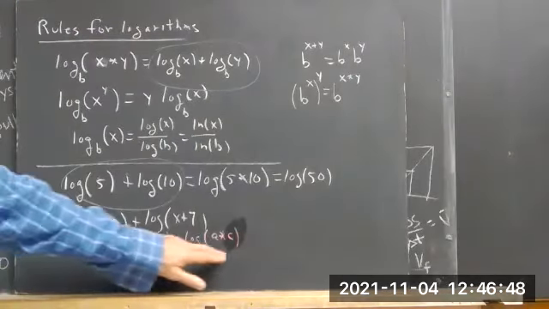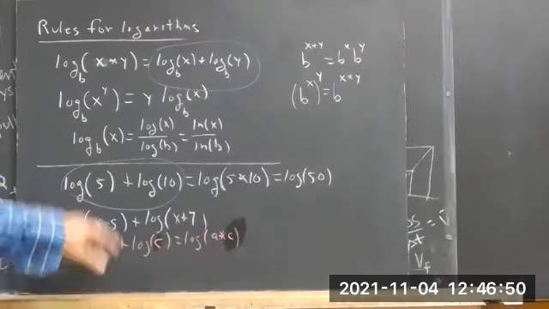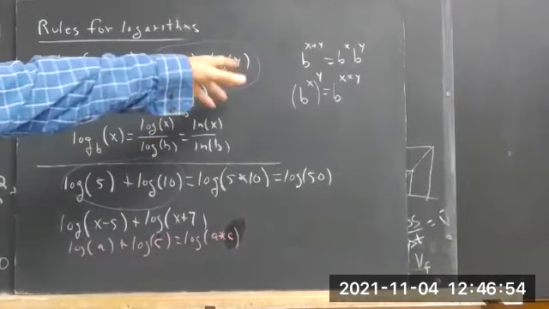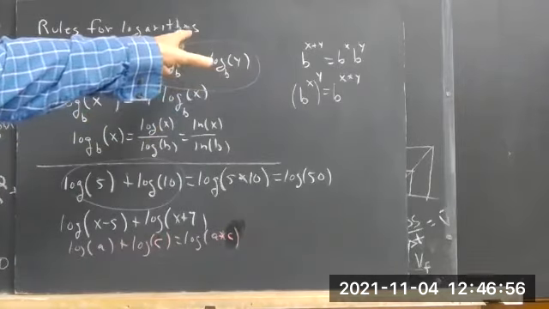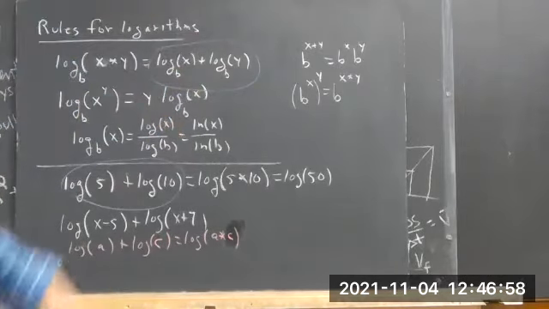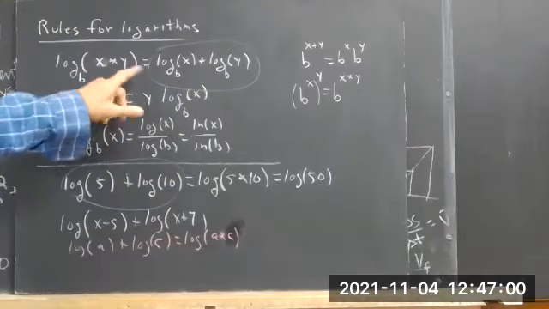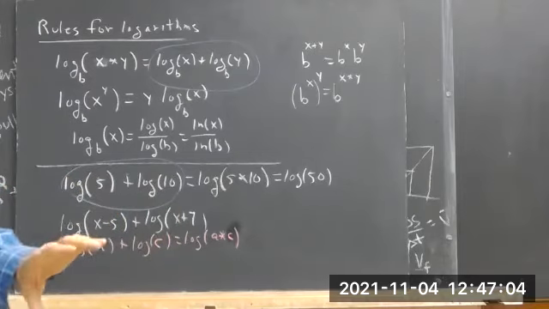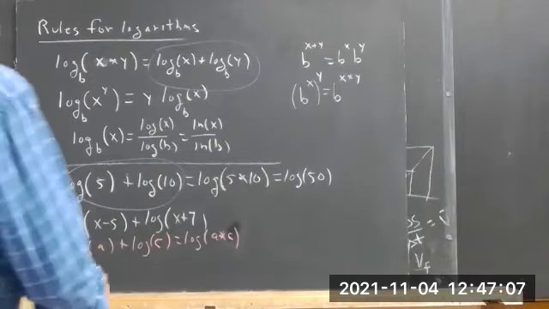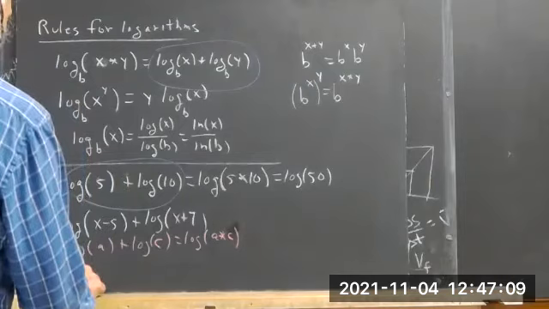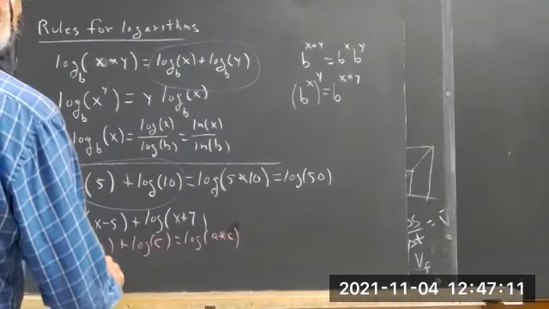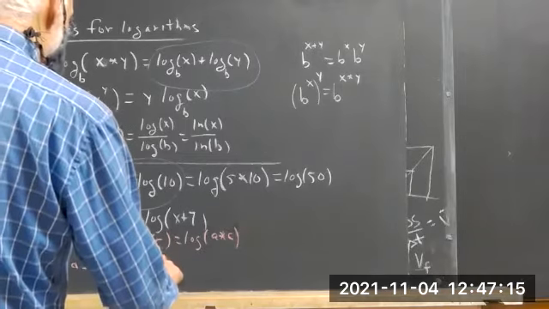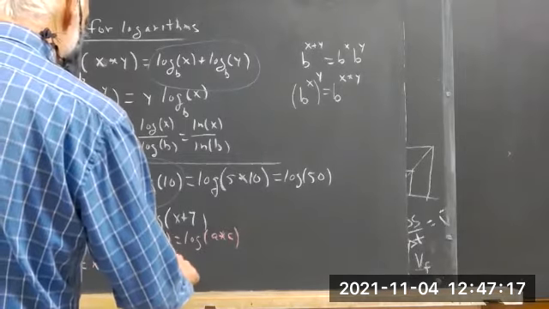Okay. Just for reference, I've written down the rule, but since I've got x's here, I don't want to use x up here. And since I'm not using x, I'm not going to use y. I'll use A and B, but it's the same rule, just with different letters. Everybody understand that? So now we can say that A is your x minus 5, and B is your x plus 7.